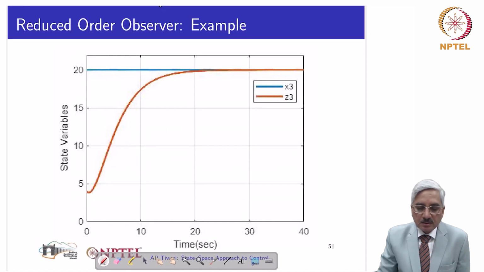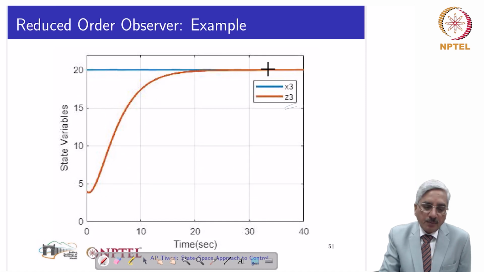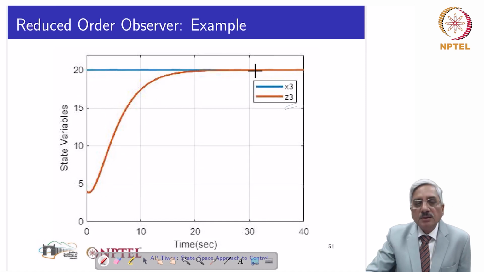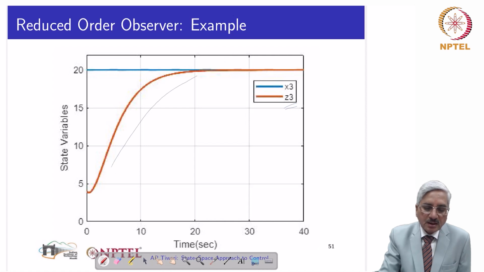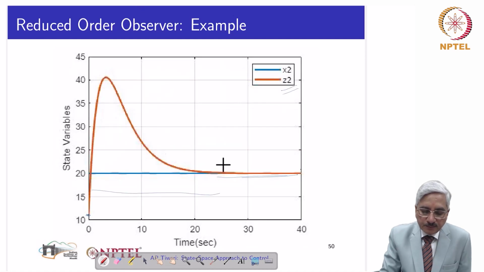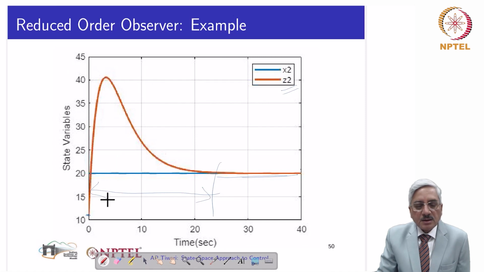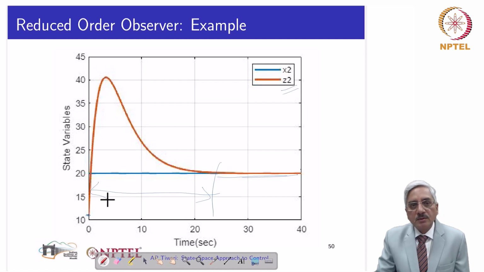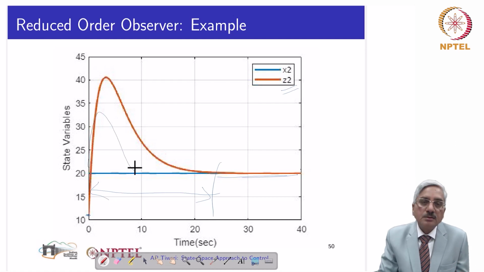We also see the behavior of z3. It also approaches the asymptotic value of 20, however, with an initial transient. And this time for this initial transient is purely dependent on the pole locations we choose for the observer. The poles far to the left from the origin will yield a faster response.